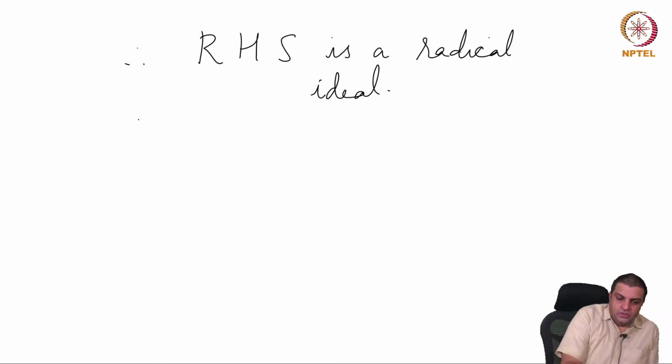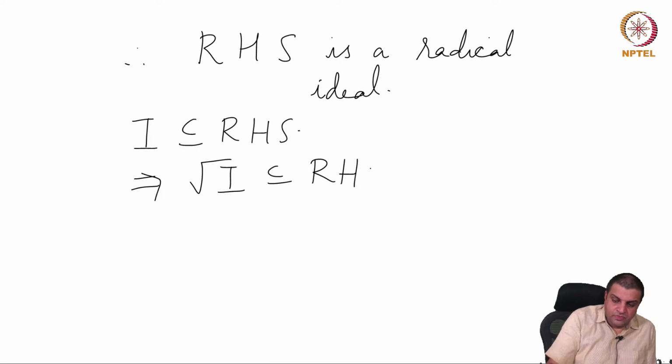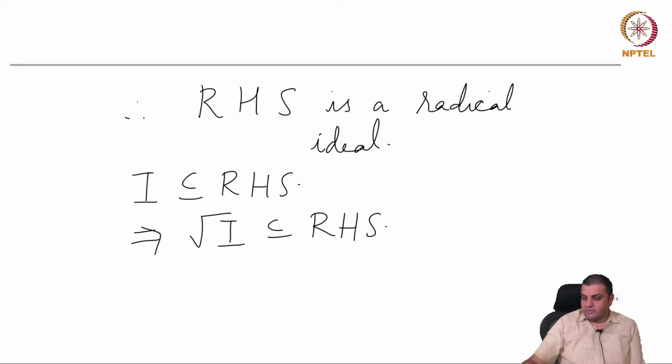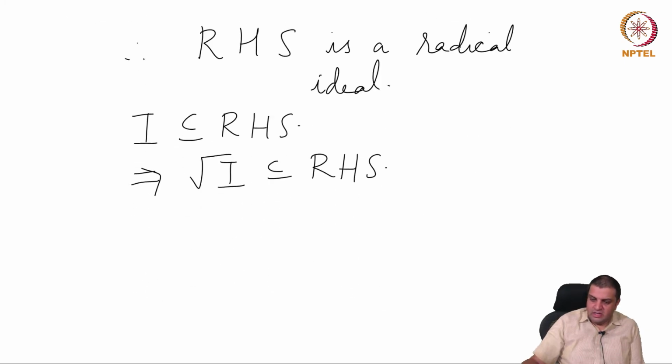So I is in the right-hand side, which means that the radical of I is in the right-hand side, the intersection. So this is the one containment. Again, this we already proved. I'm just recalling the statement, but it is the other direction that is very easy to state once we understand what localization is.